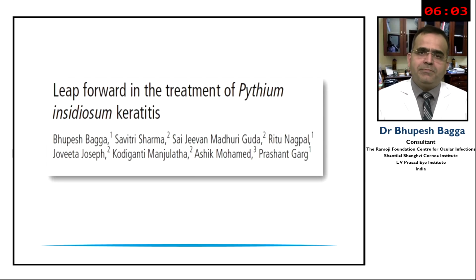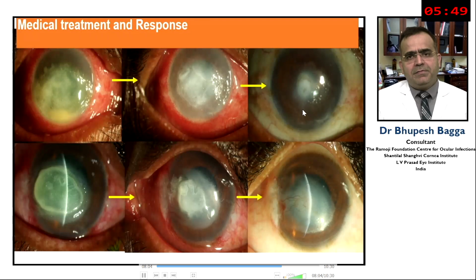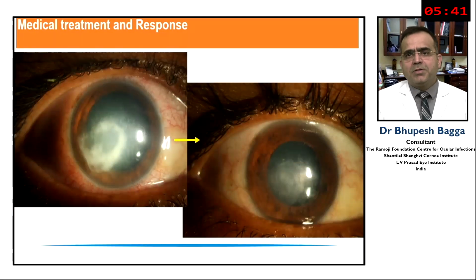It is called Leap Forward in the Treatment of Pythium Keratitis. And here are some responses. You can observe in the size of 7 to 8 millimeters Pythium started responding to the treatment, and even the larger advanced form of Pythium keratitis is also being managed on the medical side. And this is the typical response which we achieve with the use of medical management.